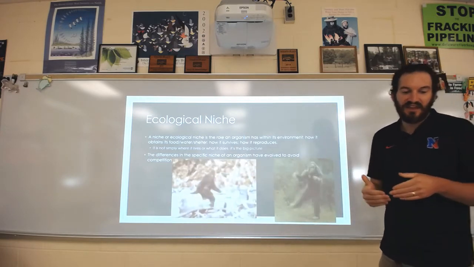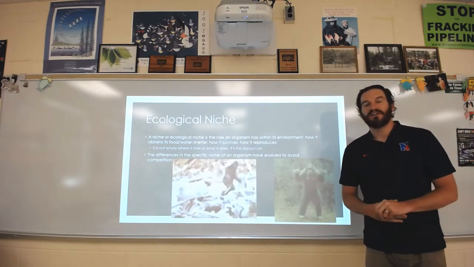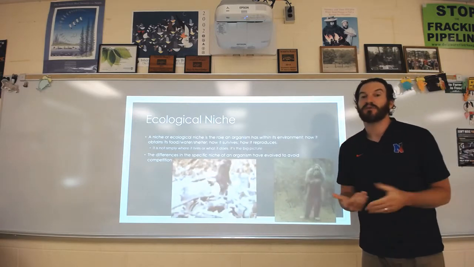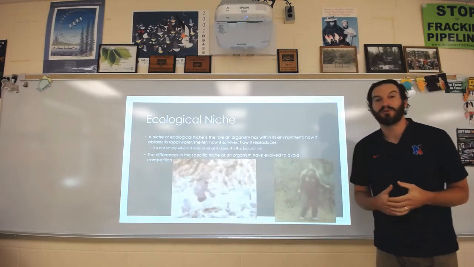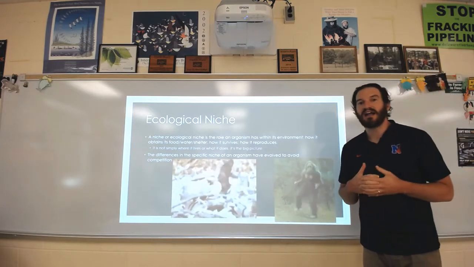The big thing when we talk about different species and the way in which they've evolved is that their niche has really evolved to avoid competition. Remember, we talked about competition being detrimental to both species involved. It's an expenditure of energy, which they do not need to do.